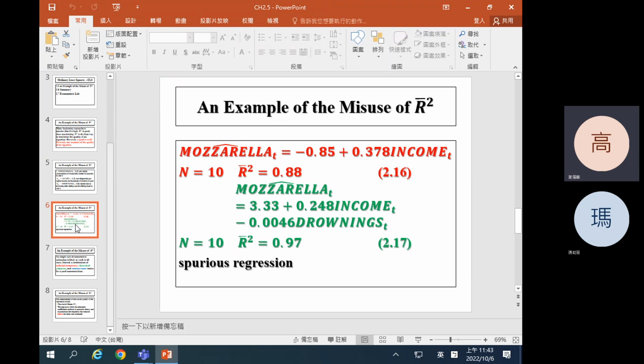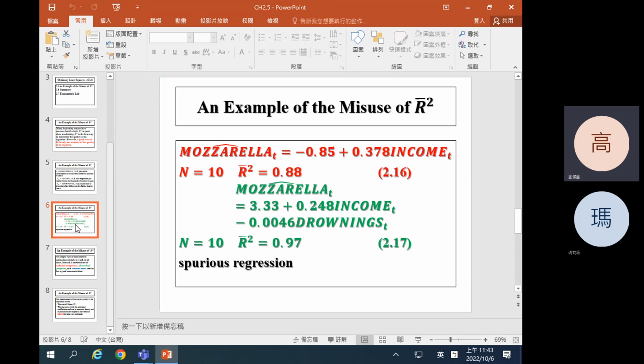So if you are the researcher, which model are you going to use? Which one are you going to choose? The first one, right?